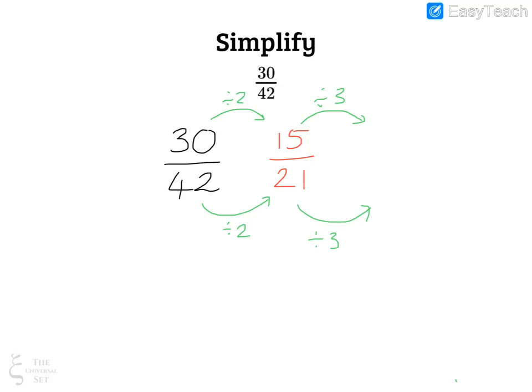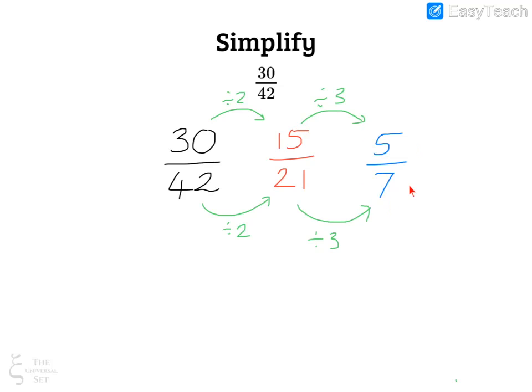So 15 divided by 3, that's 5. And 21 divided by 3, well, 3, 6, 9, 12, 15, 18, 21, that was 7. 5/7. So when I simplify this all the way down, and we had to do it in 2 steps there, we get 5/7.